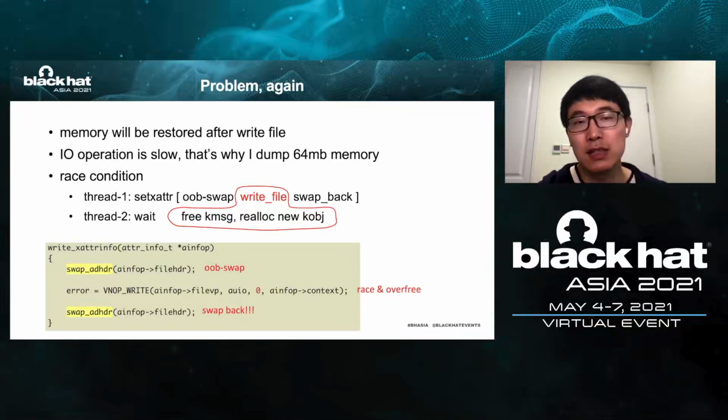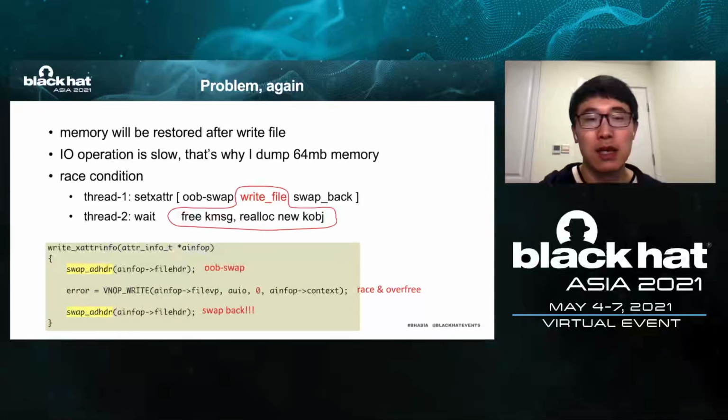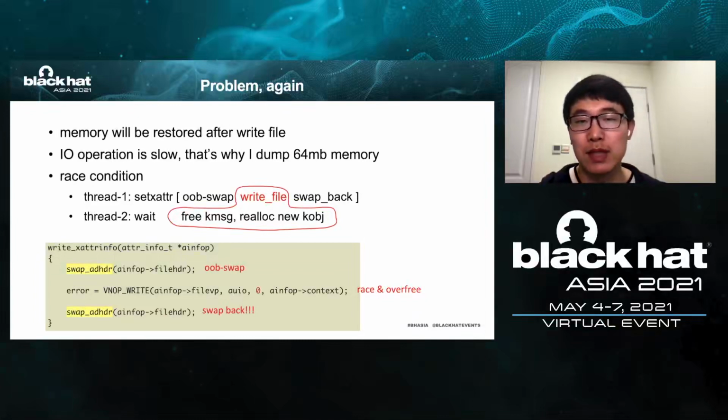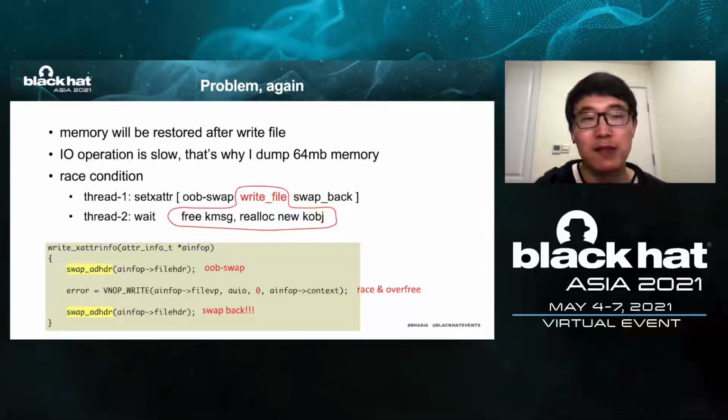Fortunately, write file is an I/O operation, which is very time consuming. Moreover, we can control the size of the XATTR file. So I chose to save 64 megabytes of memory to the XATTR file. Then the set XATTR syscall will expand to tens of milliseconds. In this way, our time window is relatively sufficient.